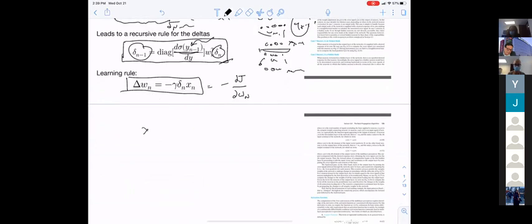So for instance, suppose you have a linear system, x dot equals Ax plus Bu. I'm going to propagate state x forward in time until I get to x at t final.